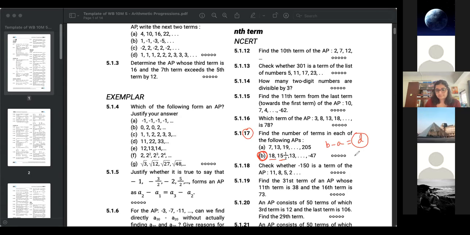Should we use this formula? B is equal to a plus c by 2. नहीं, that's for only first three terms, no? उससे like you have all three terms, you know the middle term also, तो उससे कुछ होगा नहीं.